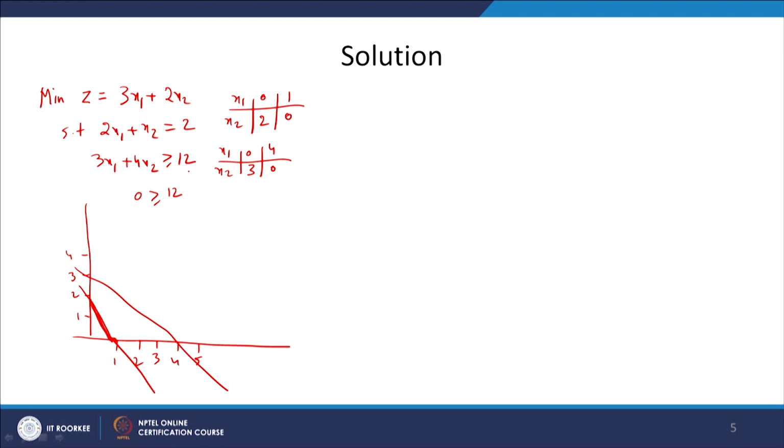So, therefore, we need to evaluate the objective function at the 2 points A given by 0 comma 2 and the point B given by 1 comma 0. The objective function is given to be 3x1 plus 2x2 which comes out to be 4 and 3.